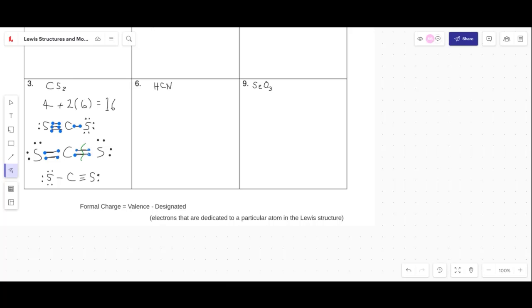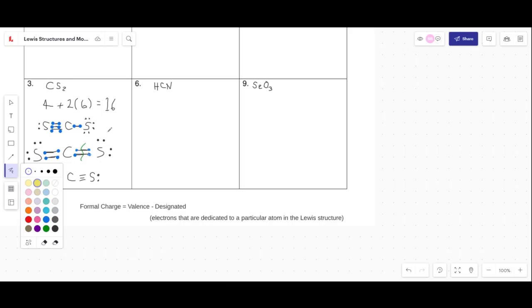However, if we did a legal separation of who owns what, the carbon owns half those electrons and the sulfur owns the other half. Just like I owned half the game, my brother owned the other half. So that's what formal charge is. It's more like a legal question: who really owns these electrons? So I take the valence electrons that sulfur would normally have, and I'll change the color here to a nice yellow.